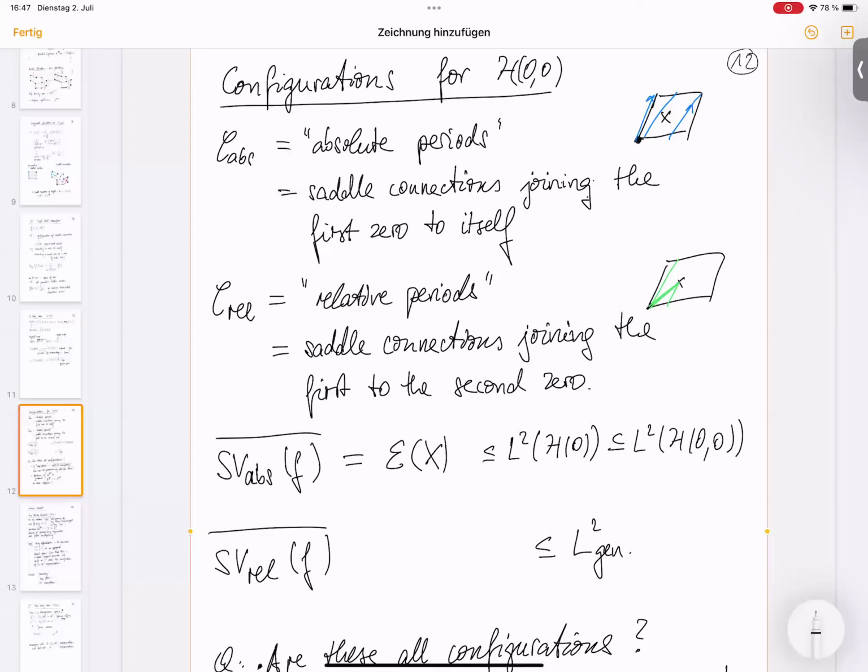And the Siegel-Veech transforms of relative periods, they of course depend on the location of the second point, as can be seen from the green picture. So they should and they will produce something that belongs to the genuine part.